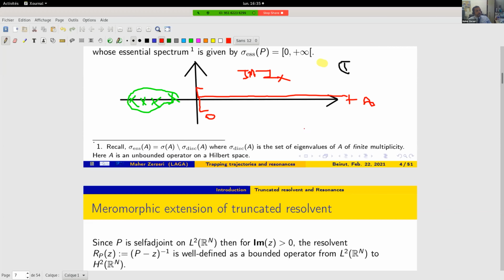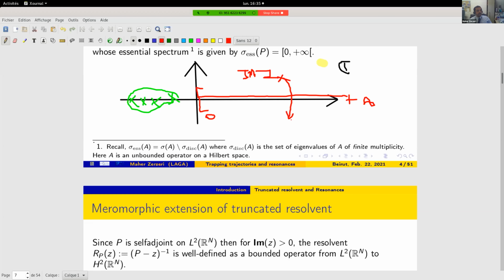For example, in R3, the Green function is exponential of i z |x minus y| over 4 pi |x minus y|, and for imaginary part negative, exponential of minus i z |x minus y| over 4 pi |x minus y|. So this is well defined, and we want to cross the essential spectrum.